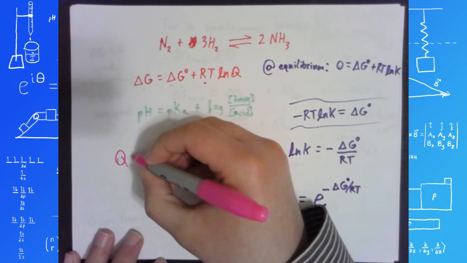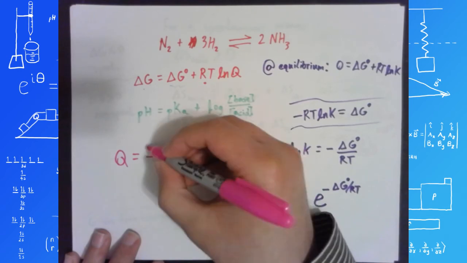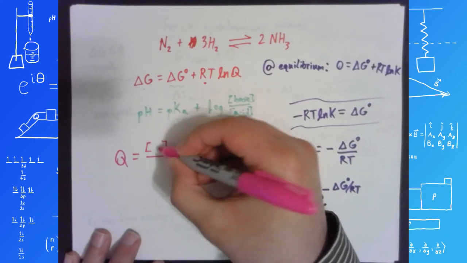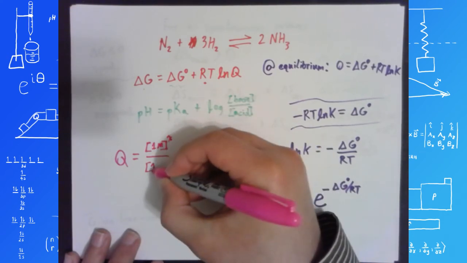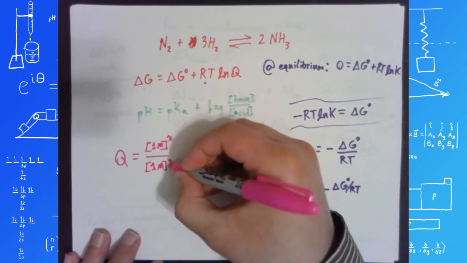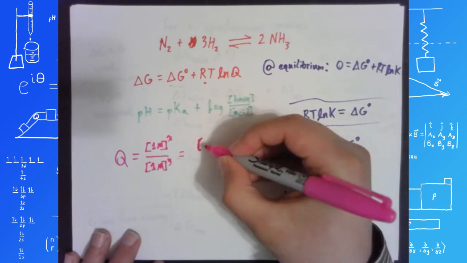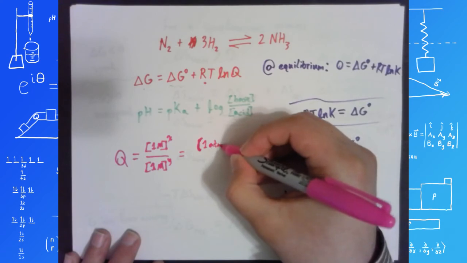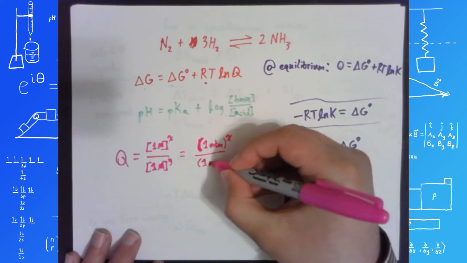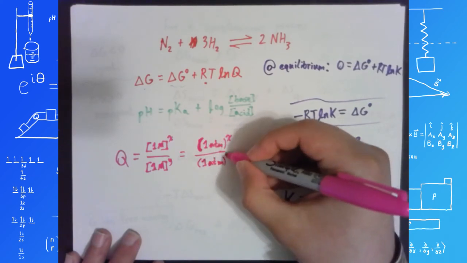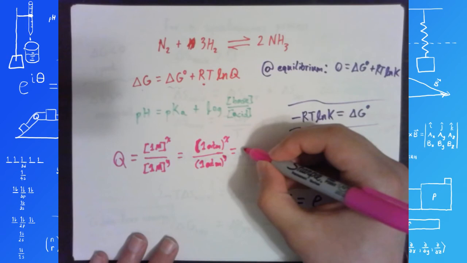Whether they're gases or aqueous substances, Q is going to be either concentrations of 1 molar raised to whatever exponents over concentrations of 1 molar, or pressures of 1 atmosphere raised to whatever exponents over pressures of 1 atmosphere. Under standard conditions, Q is going to equal 1.